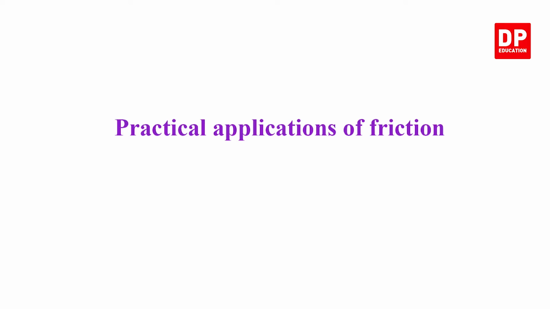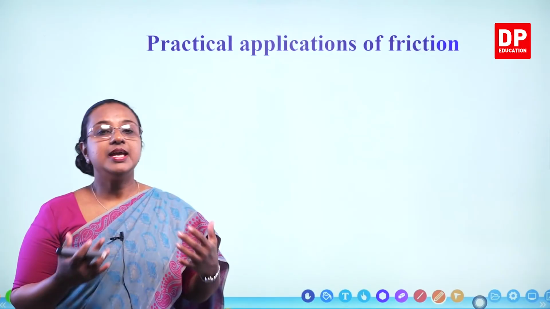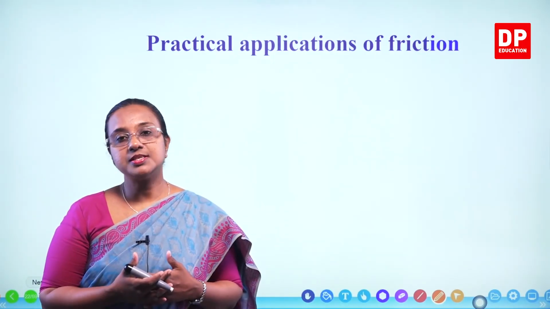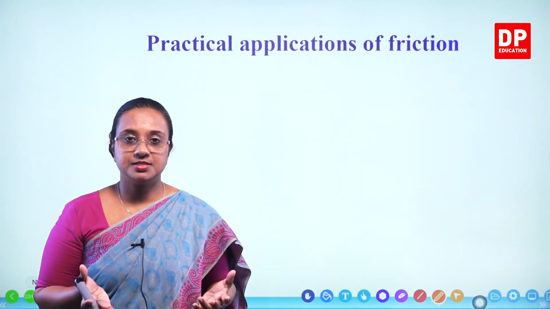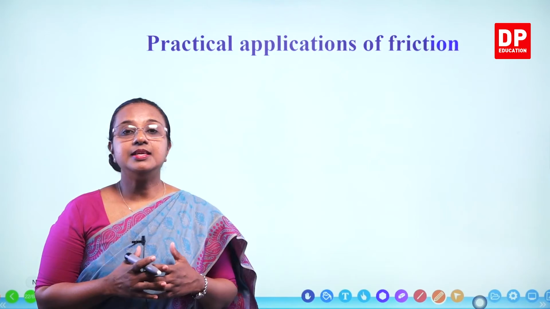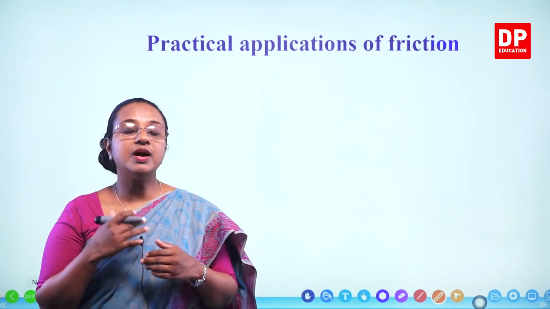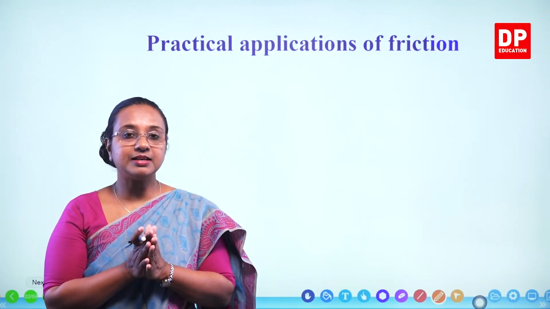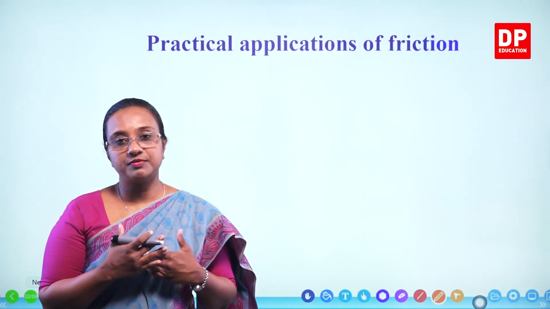Practical applications of friction. Now in day-to-day life and also in industrial processes, we use lot of instruments and machines. Inside these machines, there are many parts that move relative to each other, parts that are in contact with each other and they move one on top of the other.